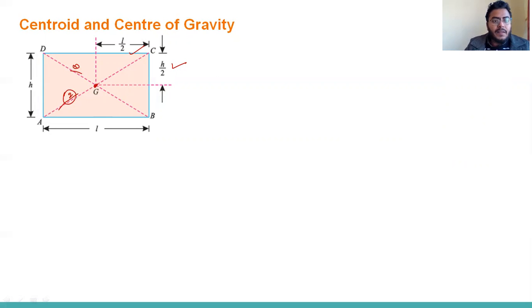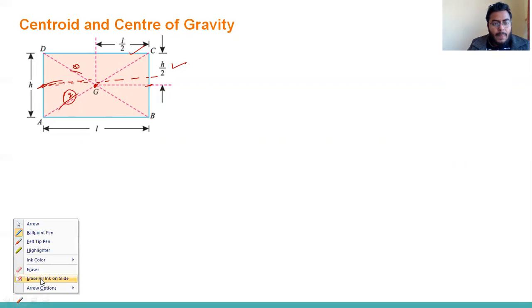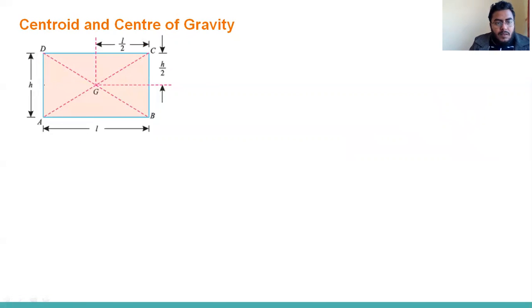Or also we can define it this way: suppose we draw a line from the middle point of one side to the middle point of the opposite side, like this. So the middle point of this side is this, and the middle point of this side is this.